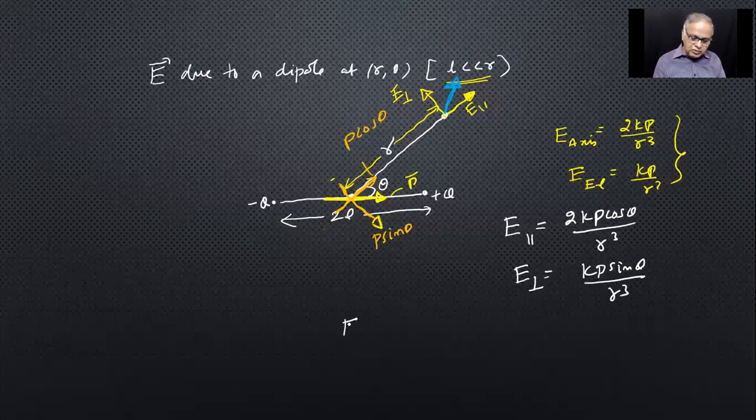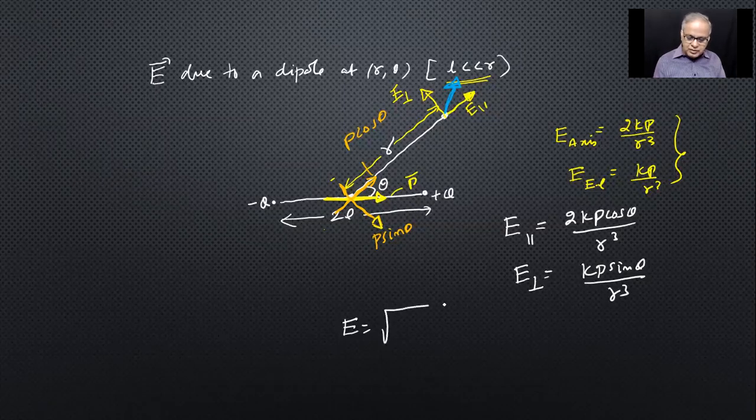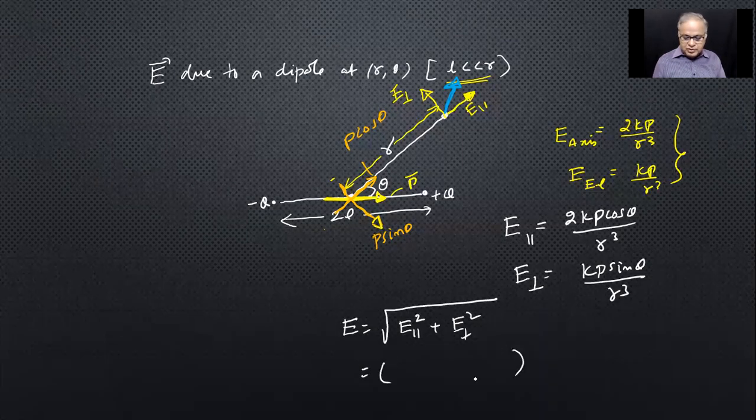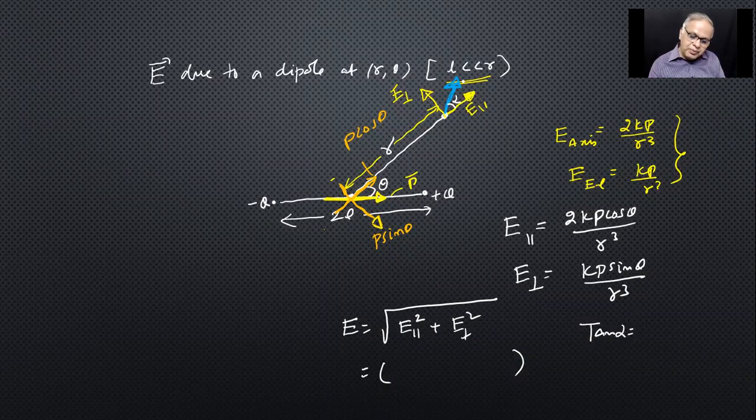So the total E would be the vector sum of these two things, the square root of E parallel square plus E perpendicular square. If you simplify, tell me what you get. I won't do it for you. And also this angle alpha could be found. Tan alpha will be simply E perpendicular by E parallel.